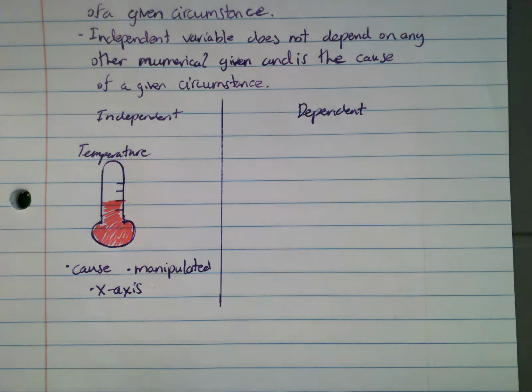The dependent, on the other hand, for example, would be something like test scores.